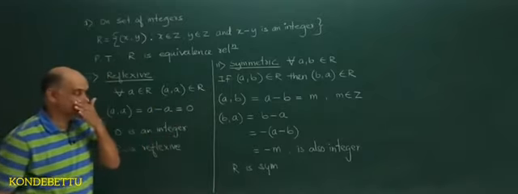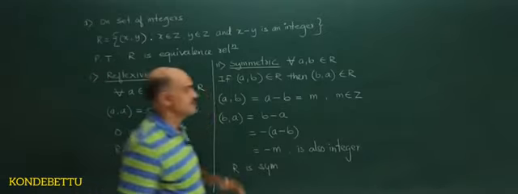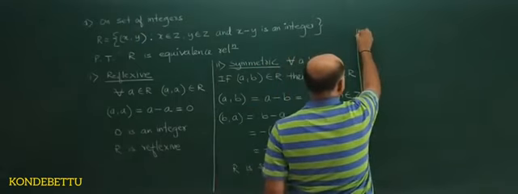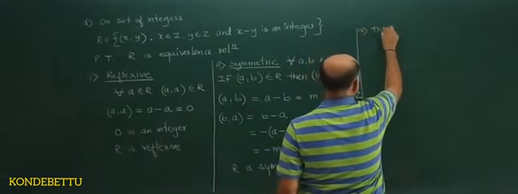R is symmetric. Clear? Then third I will take. Third, you are required to show that it is transitive.